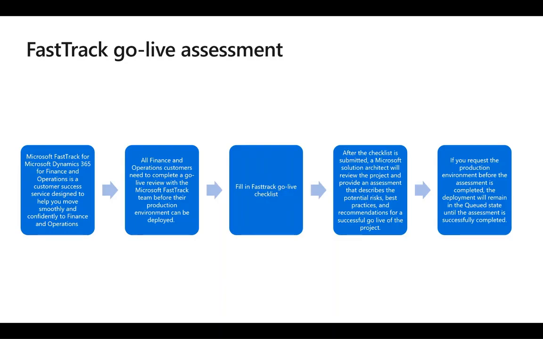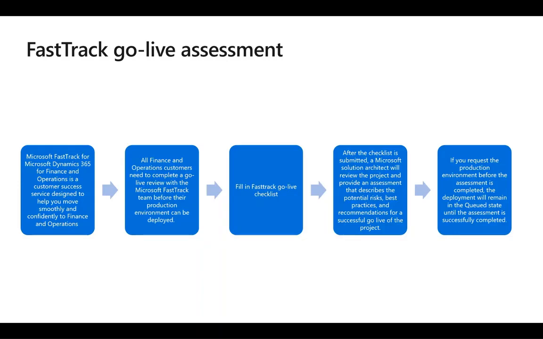All Finance and Operations customers need to complete a go-live review with the Microsoft Fast Track team before their production environment can be deployed. This assessment should be successfully completed before we request our production environment.